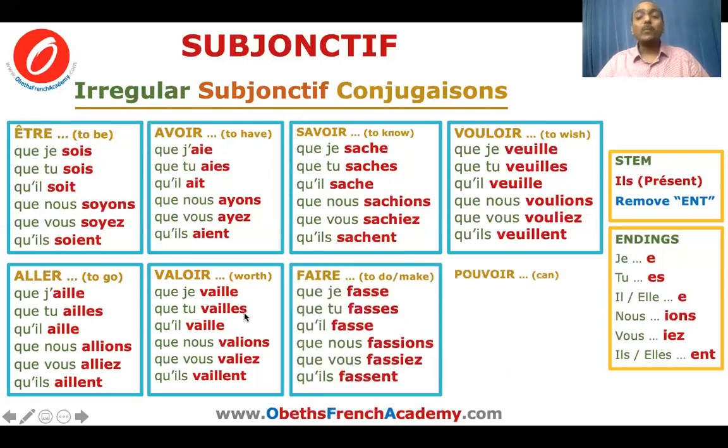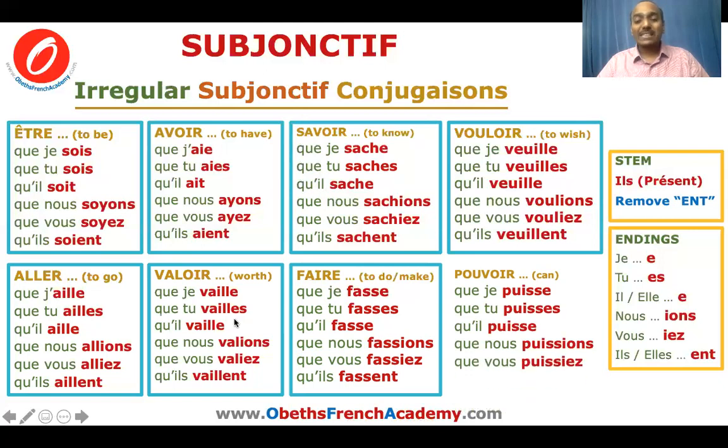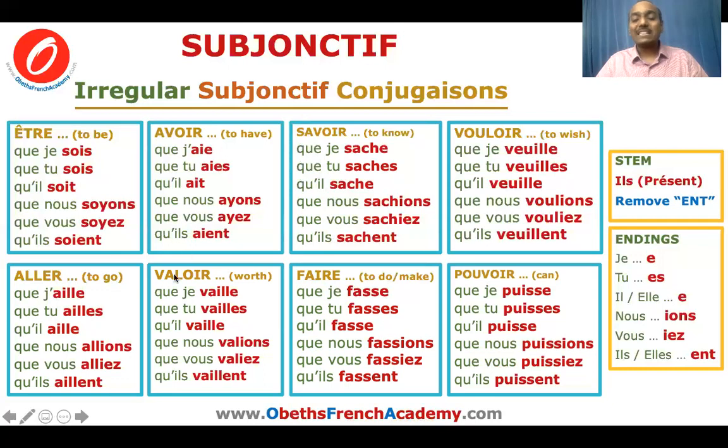Even for this verb pouvoir, que je puisse, que tu puisses, qu'il puisse, que nous puissions, que vous puissiez, qu'ils puissent. So for these verbs, you have an irregular subjunctive conjugation.